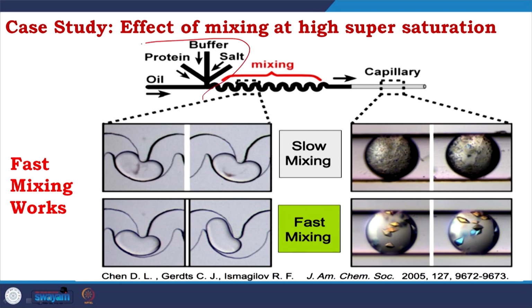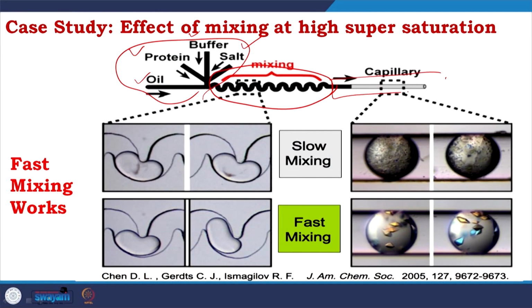One where everything is mixing, the oil is coming, the protein is coming, the salt is coming and the buffer is coming. Then they go through the turbulent flow where the control is in their hand, making it either slow mix or fast mix, and then they again put it on the capillary steadily. Okay. So the setup has part A, part B and part C, and the result you see is that fast mixing works.